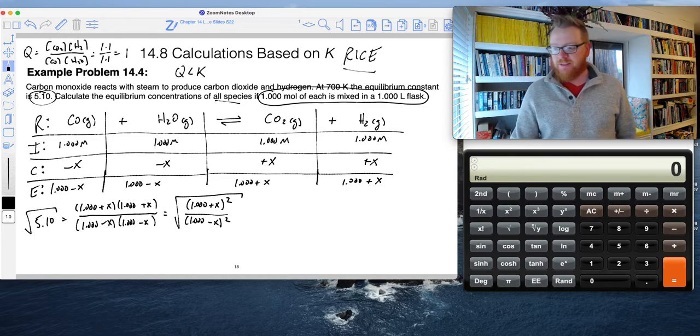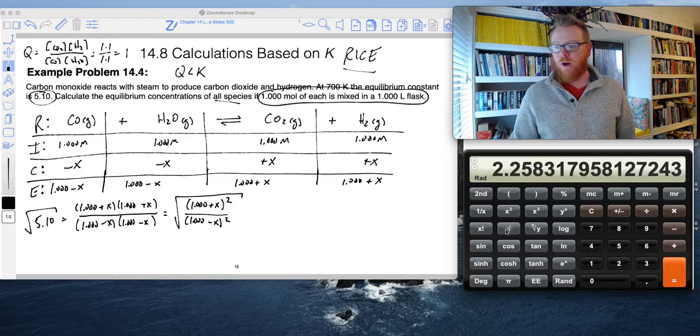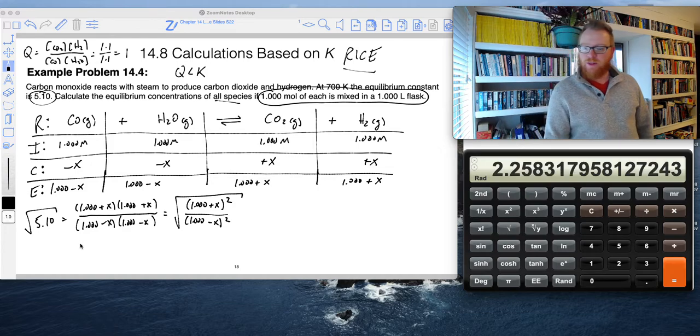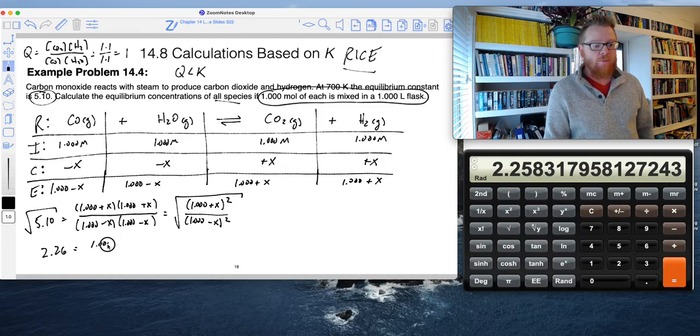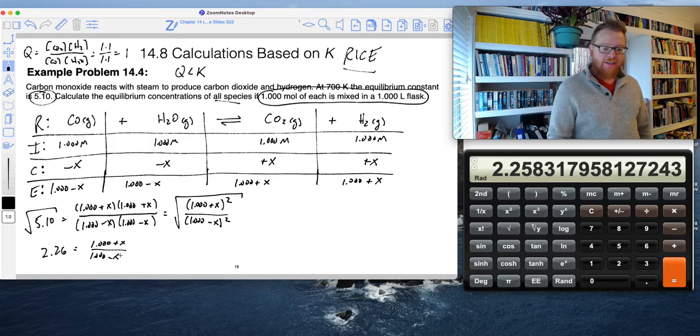So now that's the square root of 5.10. With three significant digits, that's 2.26 equals, and the square root of this whole thing is just going to become 1.00 plus X, all divided by 1.00 minus X.